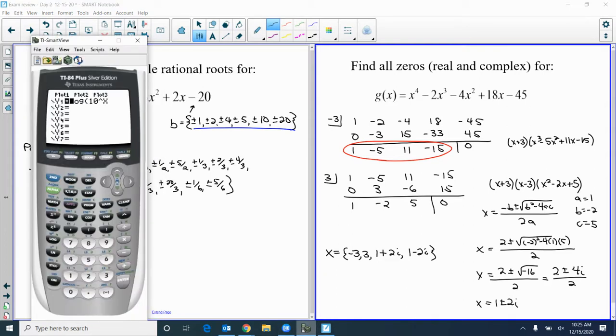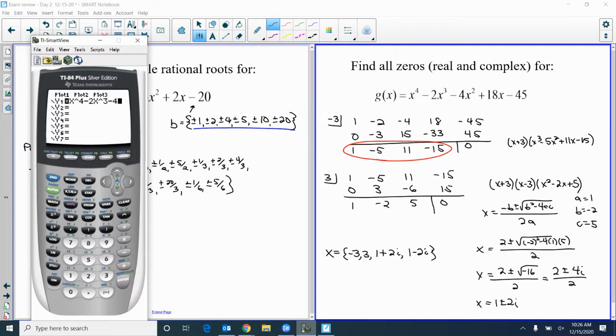So in this case here, y equals x to the 4th minus 2x cubed minus 4x squared. Oops, what did I do wrong? Oh, I didn't hit the minus.